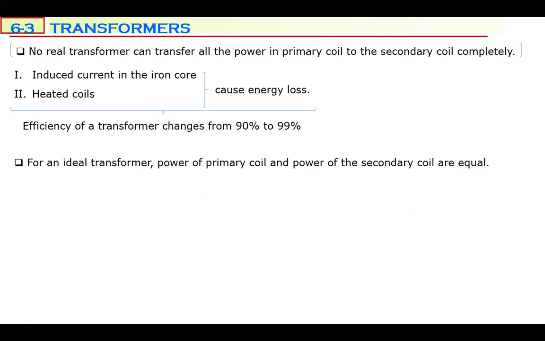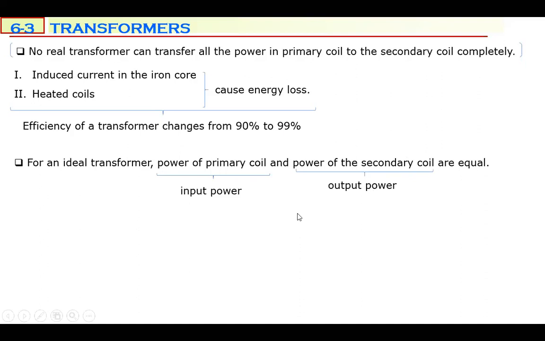We are going to assume the transformer is ideal, and the power in the primary coil is completely transferred to the power in the secondary coil, so they are equal. So the input power of the primary coil and the output power of the secondary coil are going to be equal.